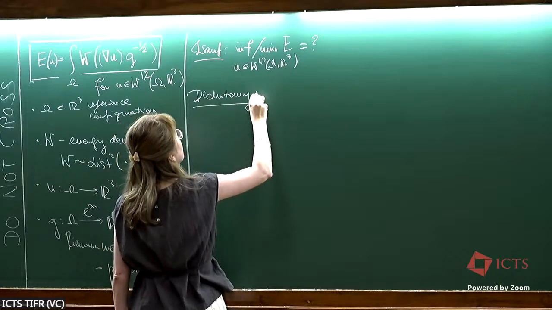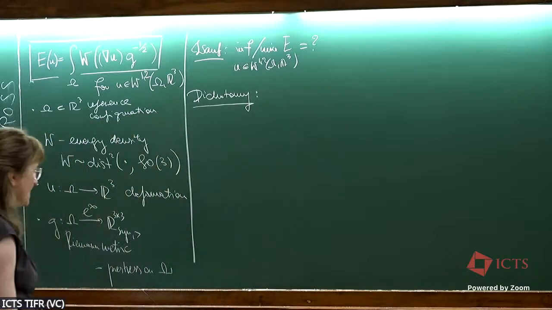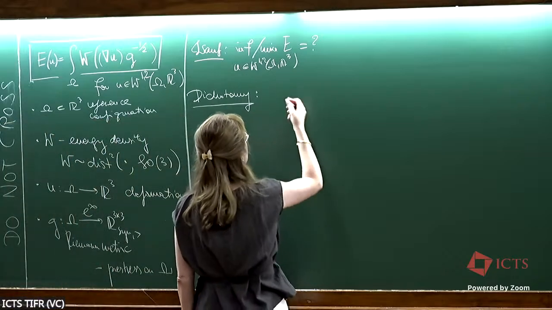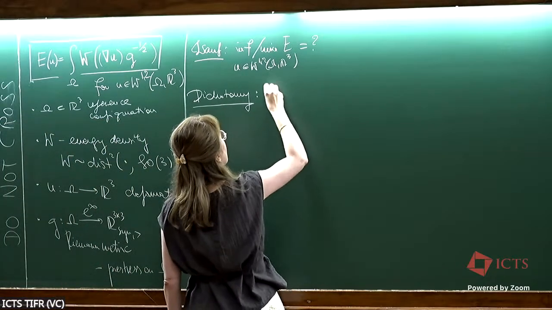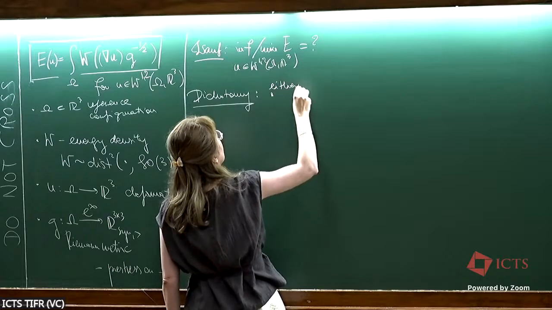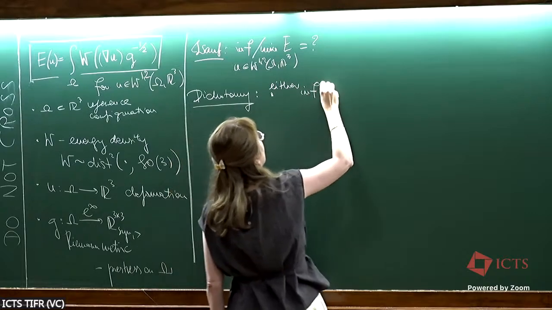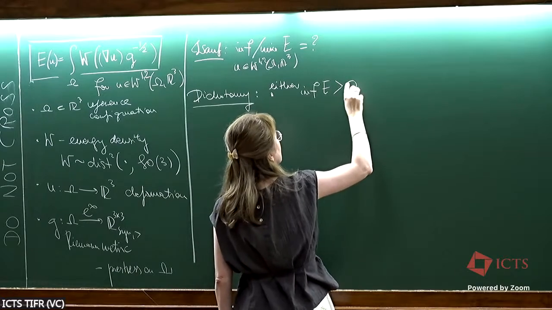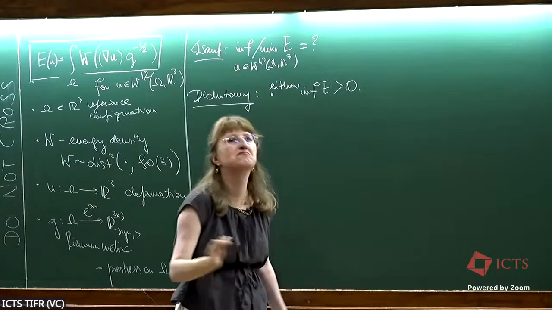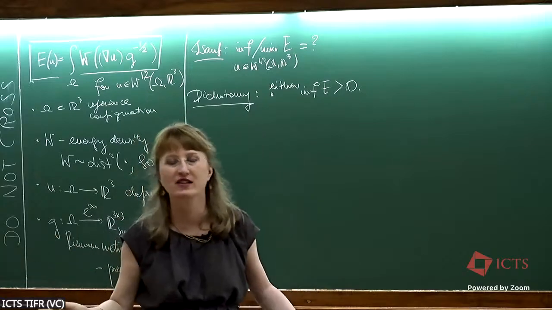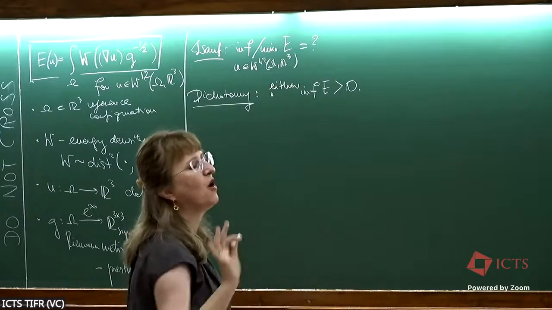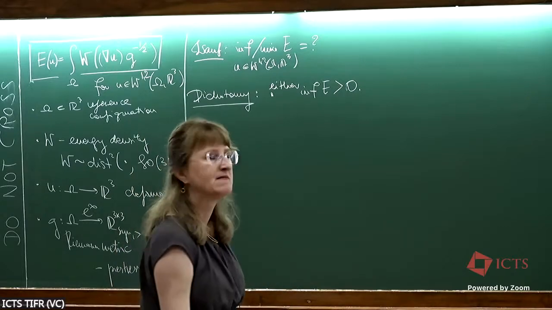We gave an extensive discussion of this result. So there's a dichotomy, either, right? Either the infimum of E is strictly positive, bounded away from 0. That is, for any deformation, you cannot go below that positive number.